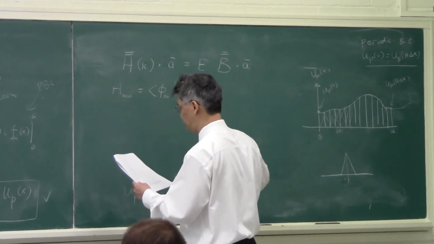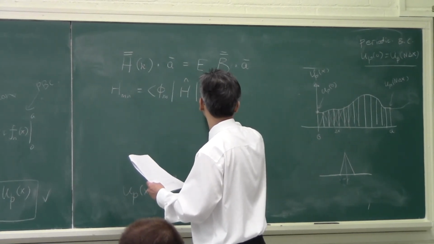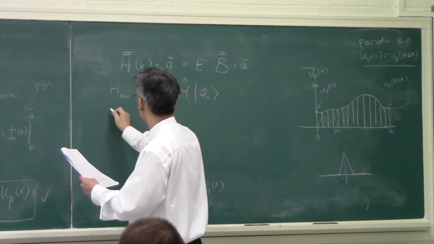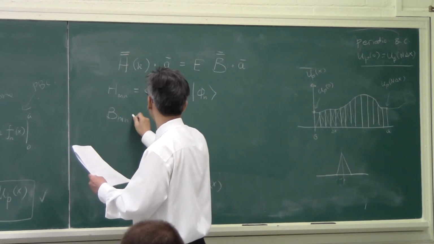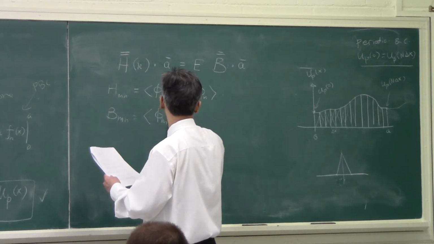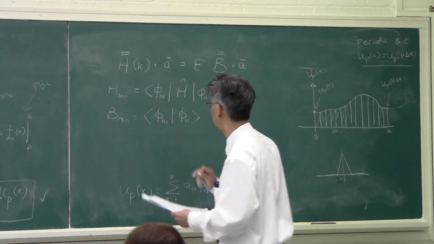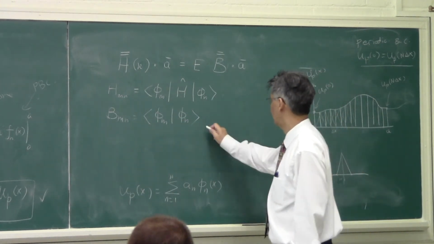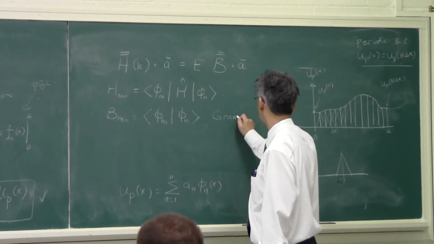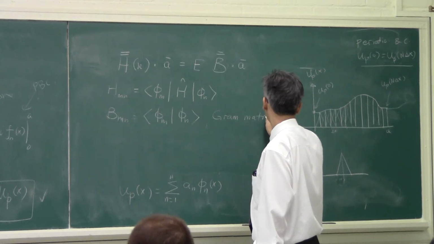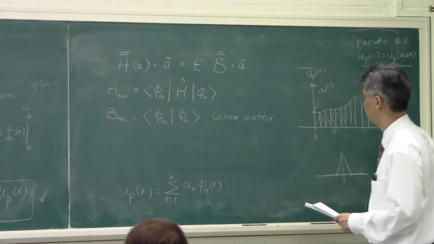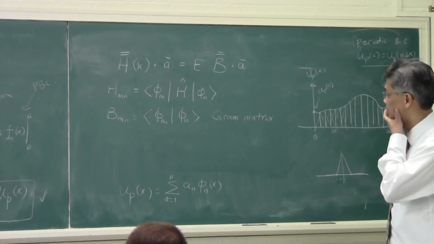I can write it down for you later on. And then B_mn is just the inner product of p_m and p_n. Depending on whether you use an orthogonal basis or a non-orthogonal basis, this is usually called a Gram matrix.